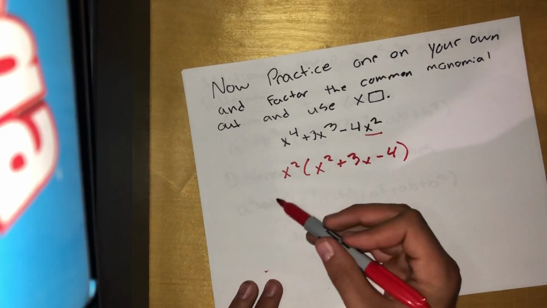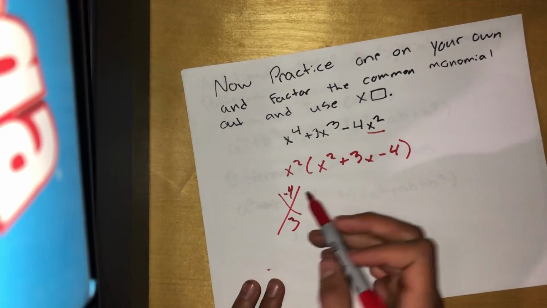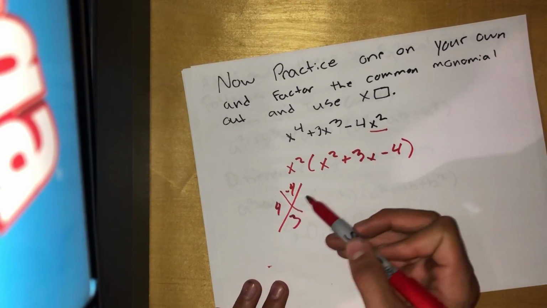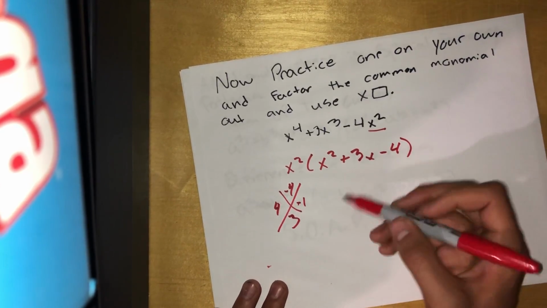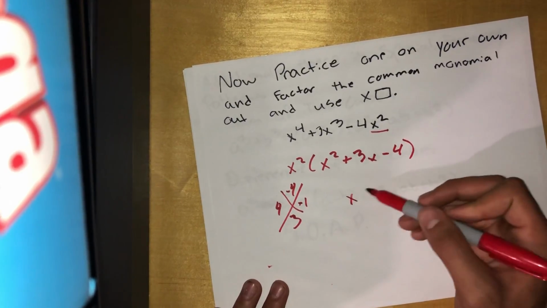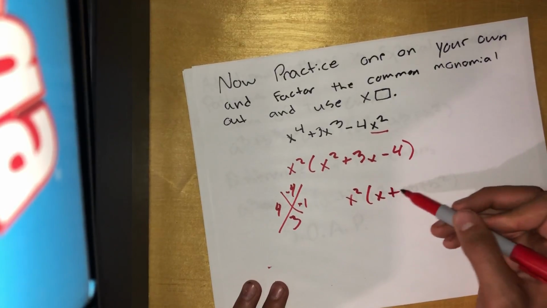Now you can do your regular Xbox method, with negative 4 and 3. What two numbers multiply to make that, but add to this: 4 and negative 1, which gives you as a final factor x squared, x plus 4, x minus 1.